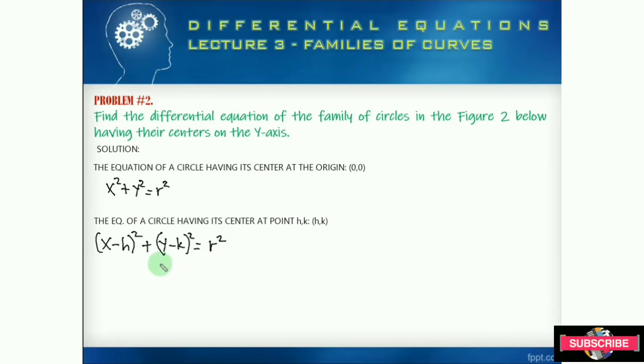Okay, so you can see now the difference from the equation of a circle having its center at the origin, which is simply x squared plus y squared equals r squared. And for a circle having its center at a point (h, k), meaning its center is not located at the origin, you could have this equation of a circle, (x minus h) squared plus (y minus k) squared is equal now to r squared.